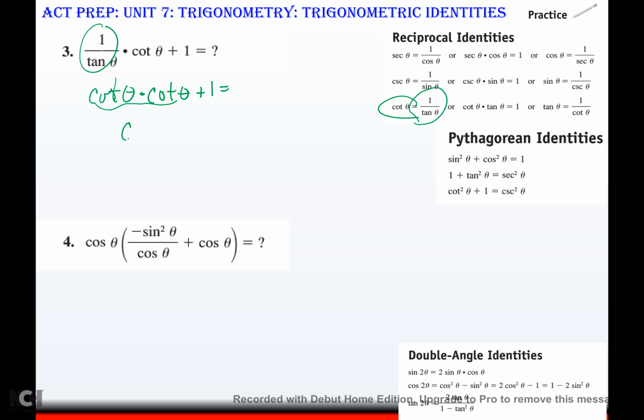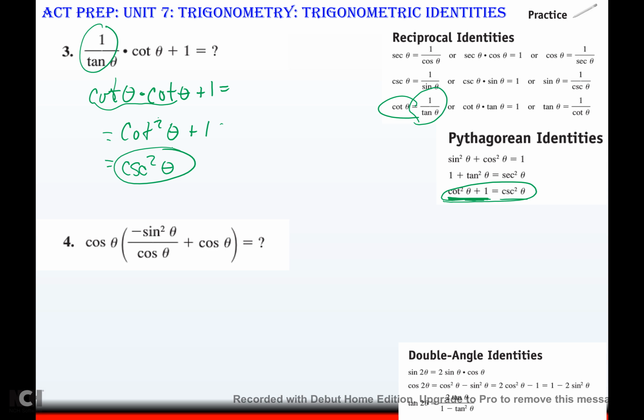So this becomes cotangent squared theta plus 1. This reminds me of a Pythagorean identity, and I'm looking for cotangent, and oh, there it is. Cotangent squared plus 1 is equal to cosecant squared theta, and we're done.